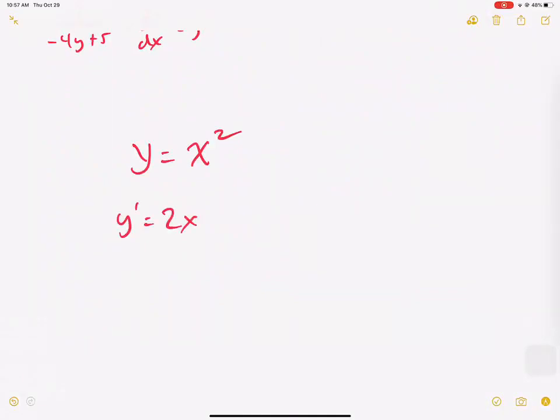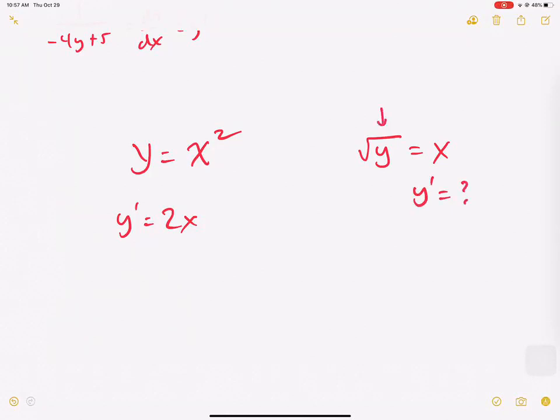Easy, right? We know that. But what if I wrote this as square root of y is equal to x? Let's take the derivative and see if we get the same answer, looking for y prime.